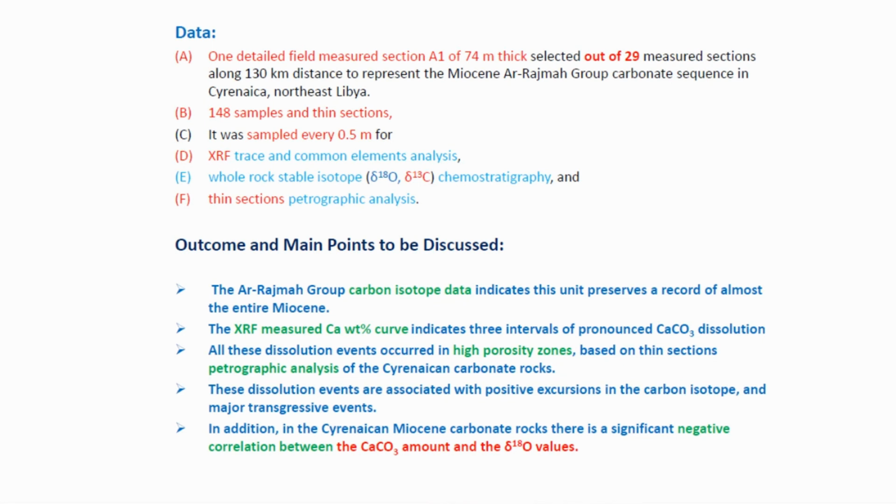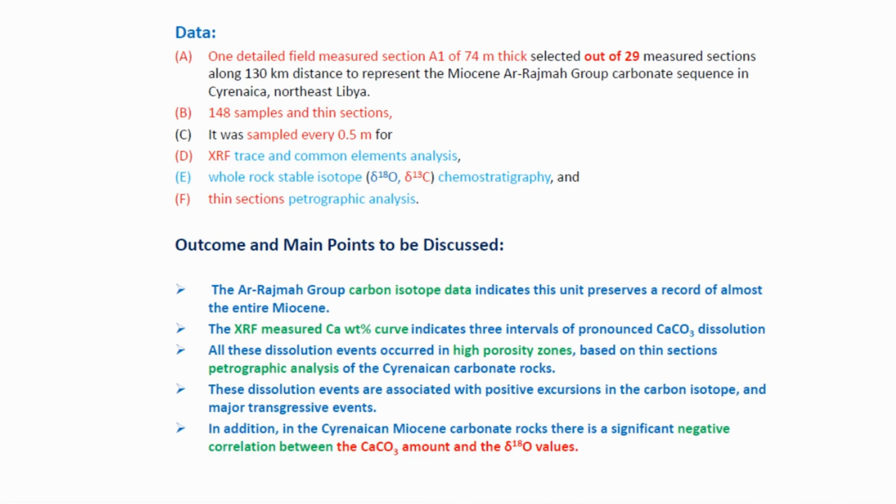This detailed measured section was sampled every 0.5 meter to get 145 samples to run 3 different analyses: XRF for trace and common element analysis, whole rock stable isotope using carbon and oxygen, and also thin section petrographic analysis. So here you can see the outcome and main points to be discussed in this presentation.